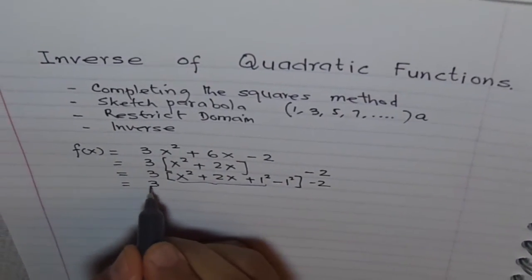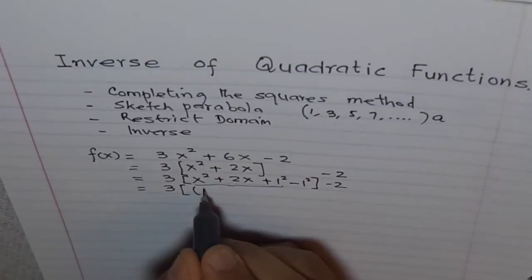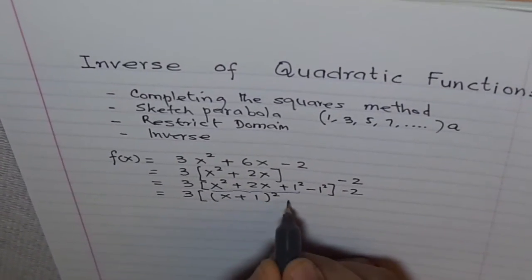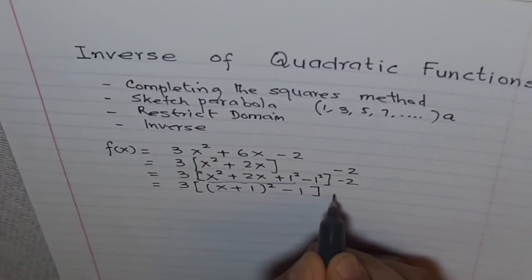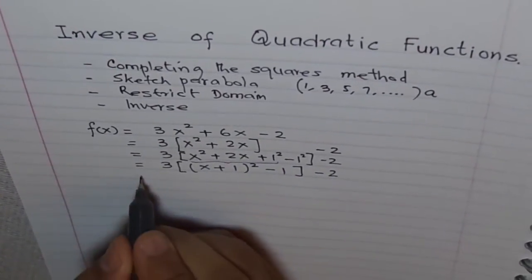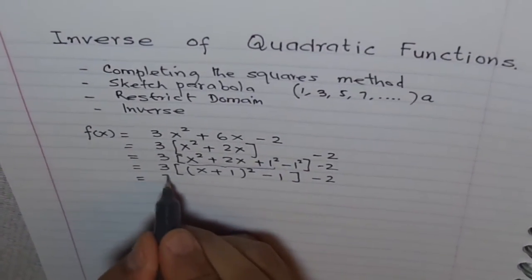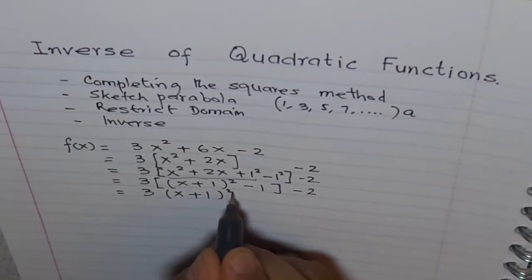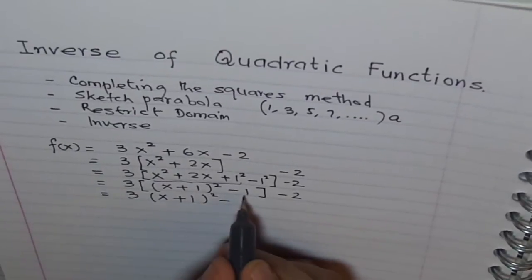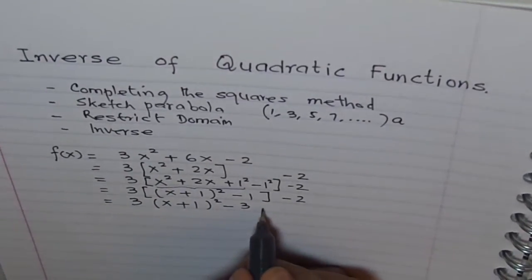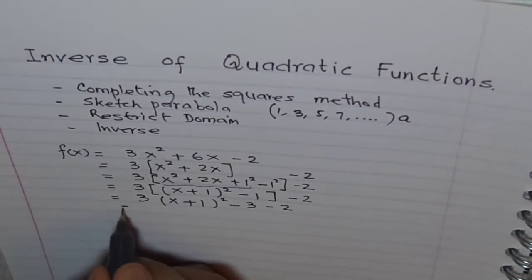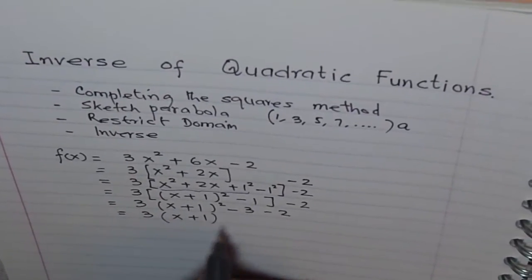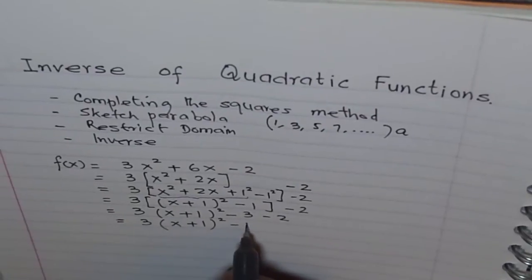So we can write this as (x plus 1) whole squared minus 1, minus 2. Let's open the bracket. 3 times (x plus 1) whole squared, minus 3 times minus 1, minus 3, minus 2, which will give us minus 5.